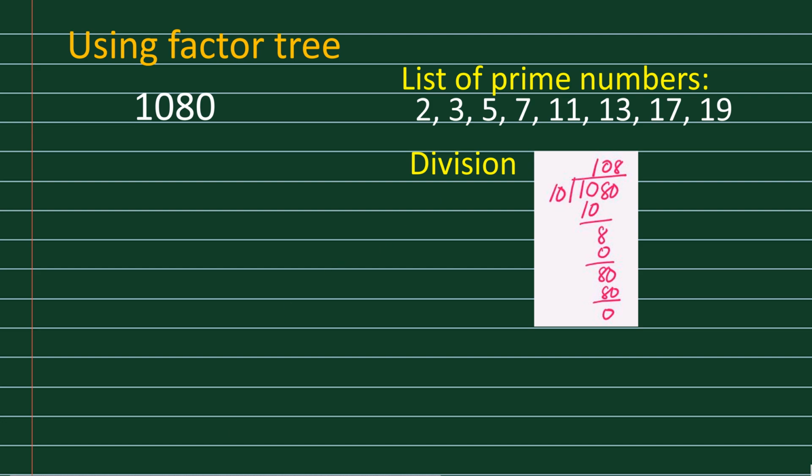So we can factor 1080 to 10 times 108. Next, we can use divisible by 2 for 10, which is 2 times 5. So these are prime numbers.